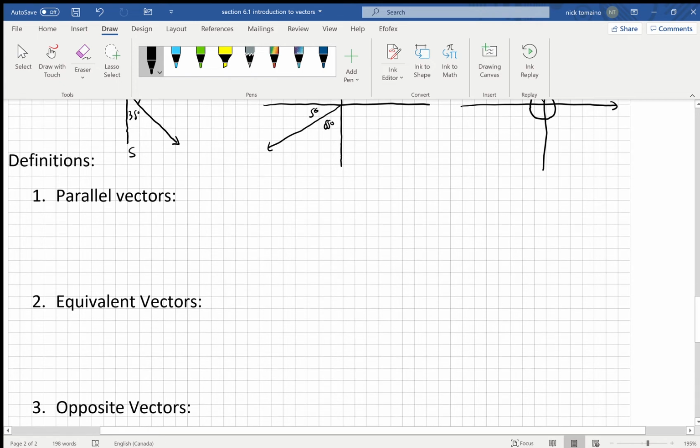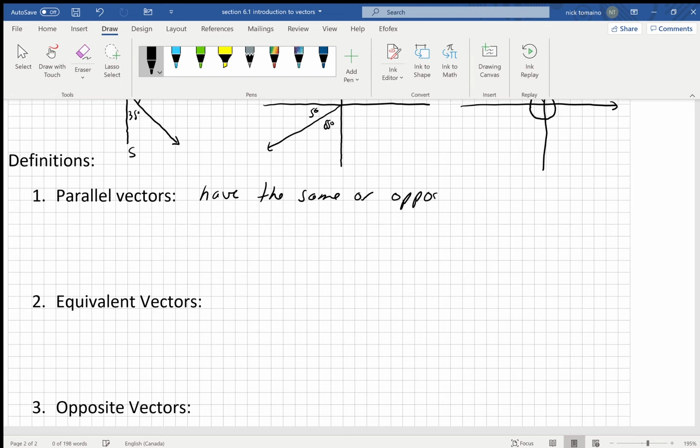So parallel vectors are vectors that have the same or opposite direction.